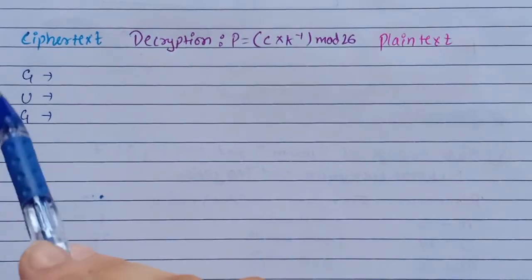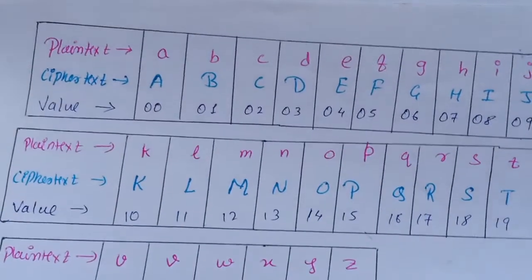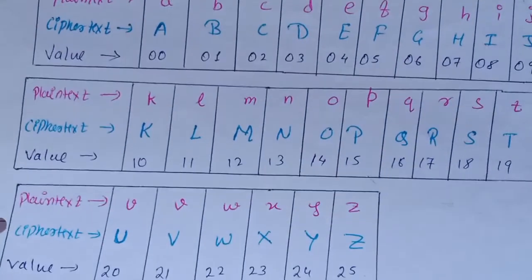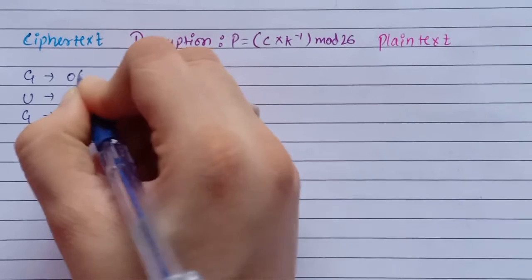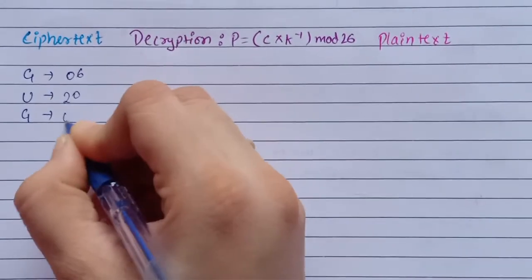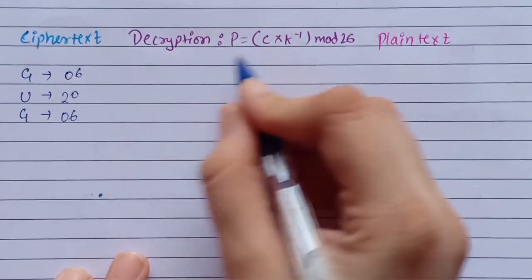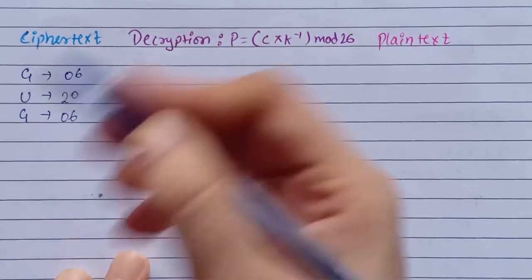So we will write the ciphertext GUG. The values were 6, 20, and 6. We will convert this into values. Now we will perform decryption. That is, we will multiply ciphertext with key inverse.